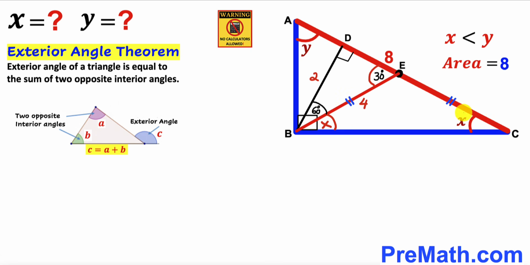So we can write angle x plus angle x equals 30 degrees.